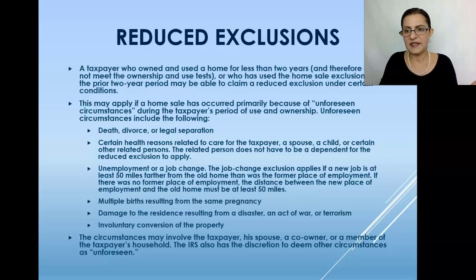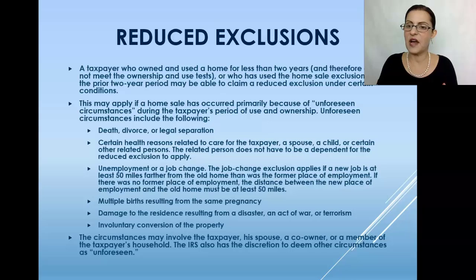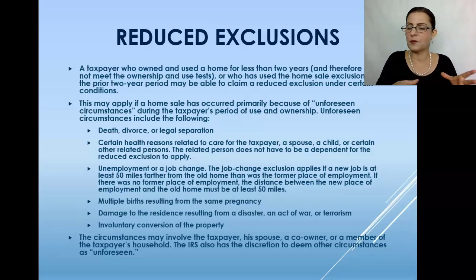But 1.5 years pass, and then all of a sudden my father breaks a hip and I have to go take care of him, and he's going to be convalescing for 6 months. So I decide I'm just going to sell the house and go take care of him in California, right? In that case, that would be an unforeseen circumstance. And if I sold my home, then that move, right, to go take care of a family member would qualify for the reduced exclusion.